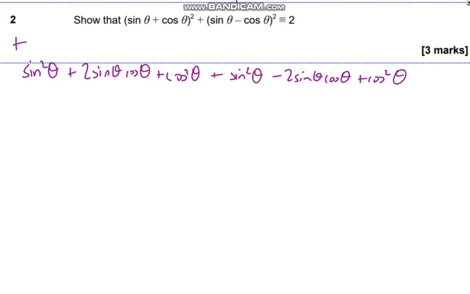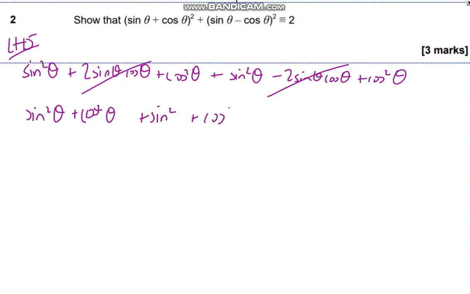All we're doing here is just working on the left hand side. Now obviously those two will cancel out, so we've then got sine squared plus cos squared plus sine squared plus cos squared, and that's obviously 1 plus 1, which is 2, which is what we're asked to do.